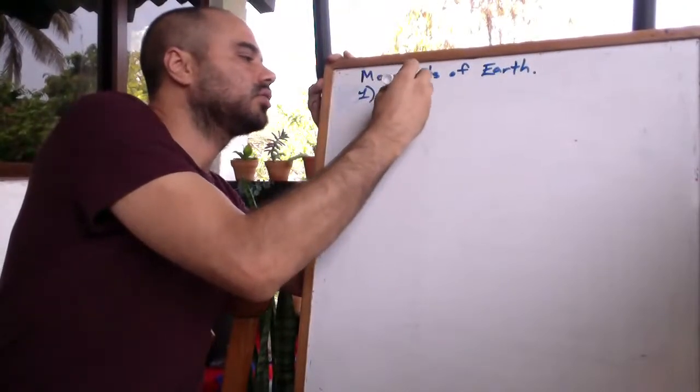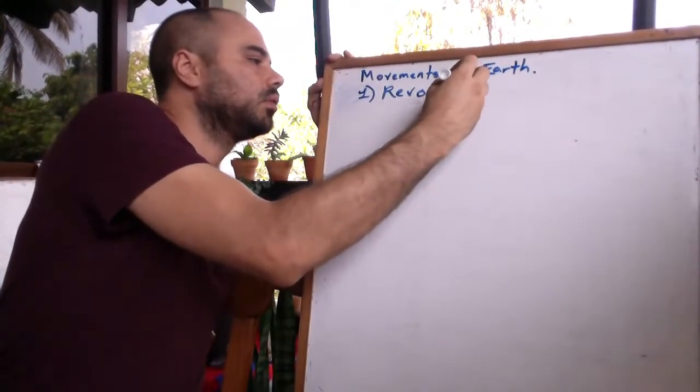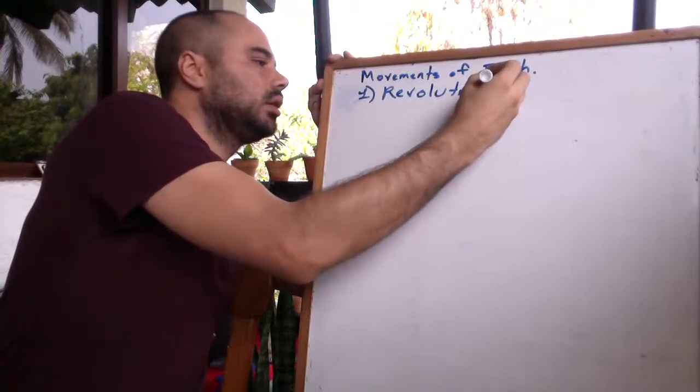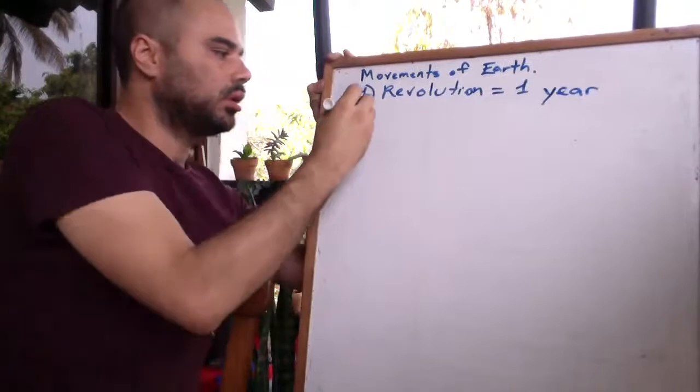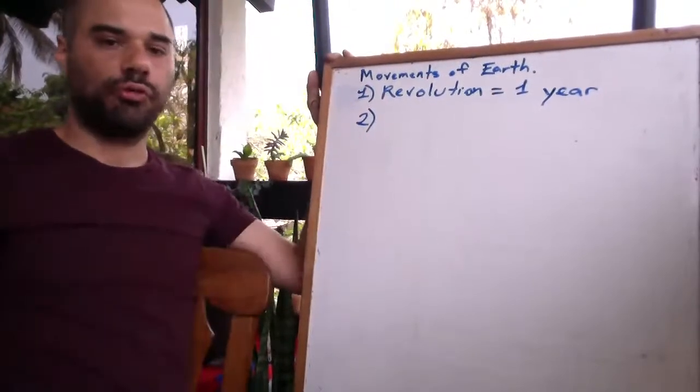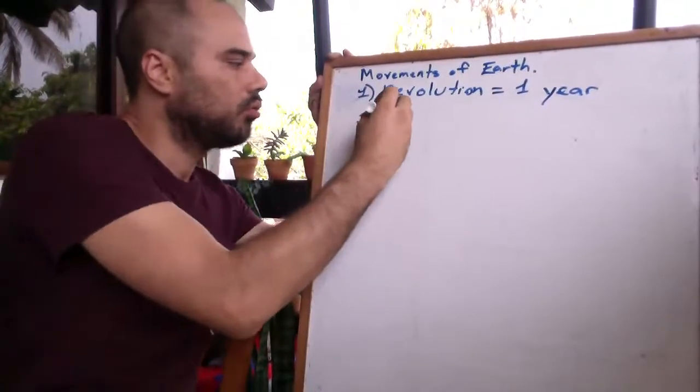We said that it's called revolution, and that it takes 1 year. Now the second movement is called rotation.